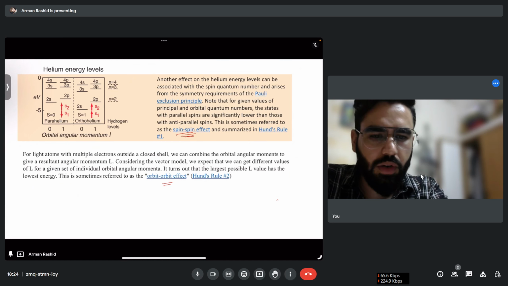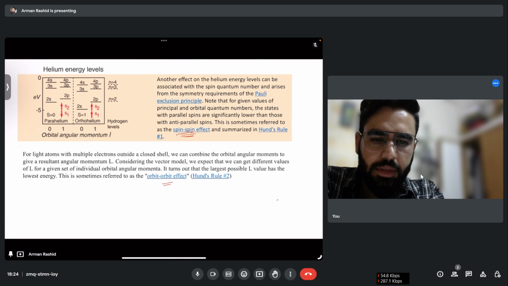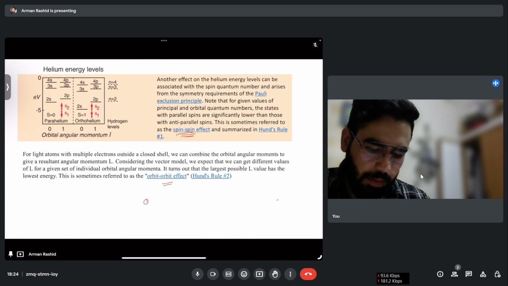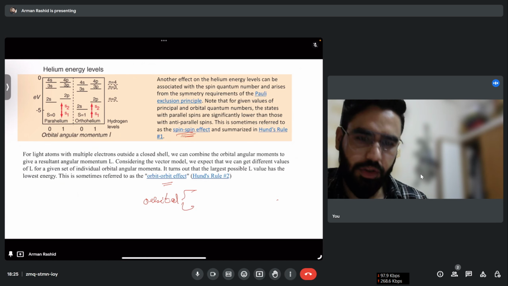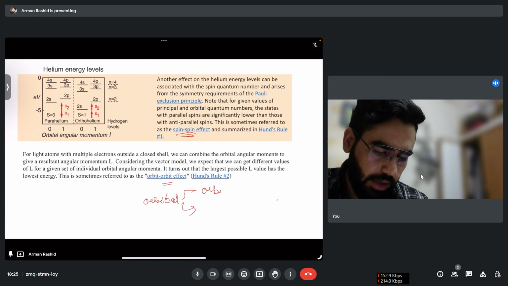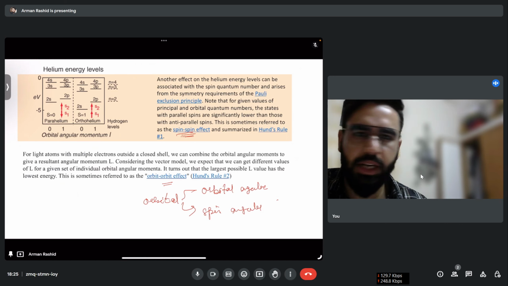Okay, so how does it work for higher atoms? You know that every electron has two momenta associated with it. One is called the orbital angular momentum, and the second is called the spin angular momentum. Spin angular momentum exists when there is an electron associated with it.